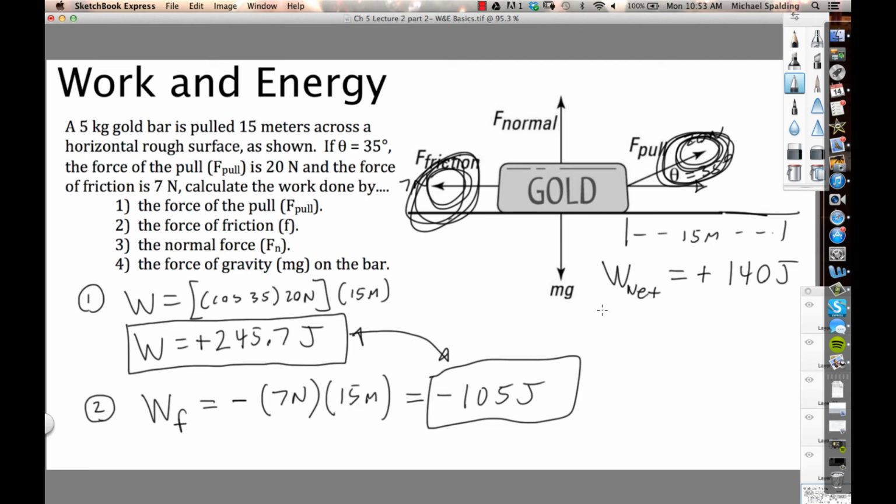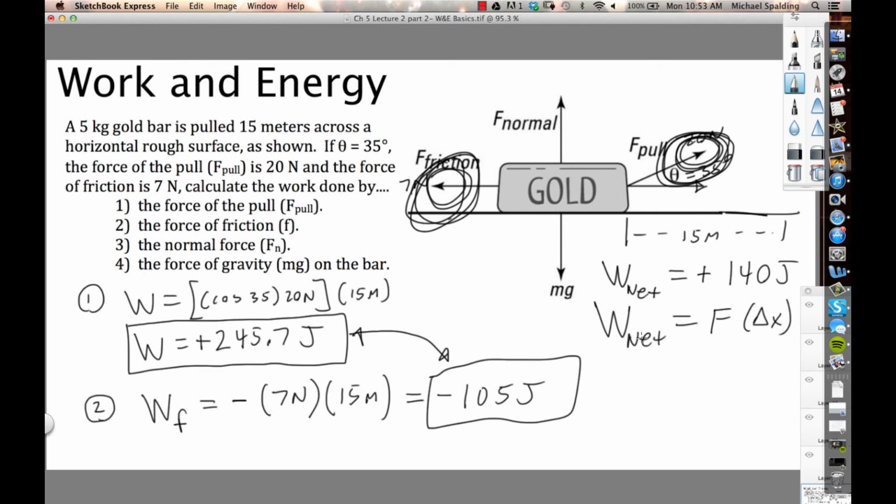If you have net work, that's telling you something. If net work is being done, what must be happening to the object? Not just moving, it's accelerating. And let me show you why. Work net. What's the basic work equation? F times delta x.